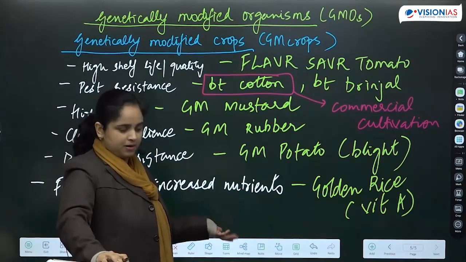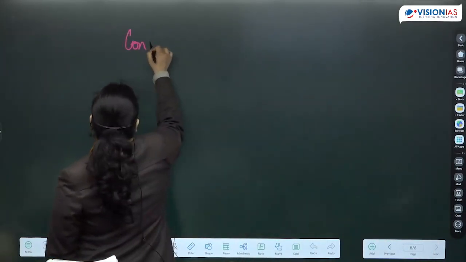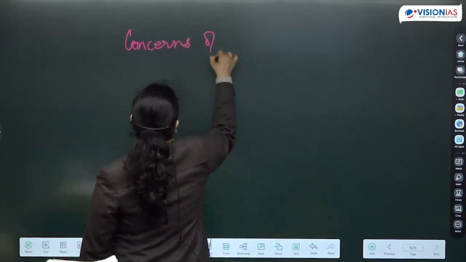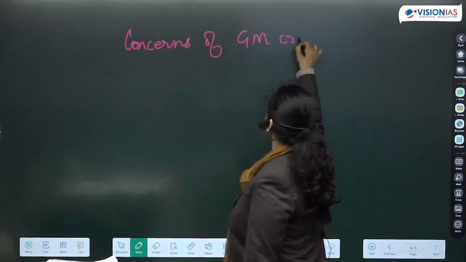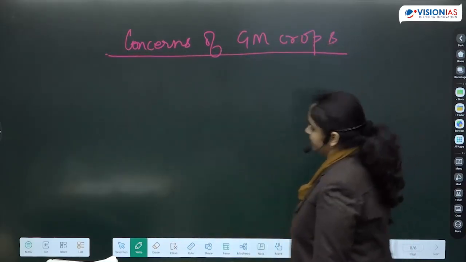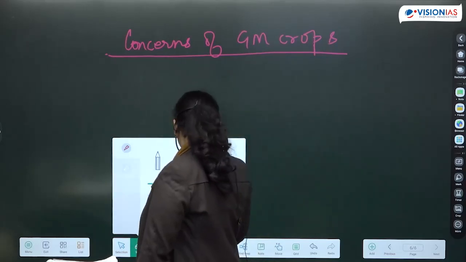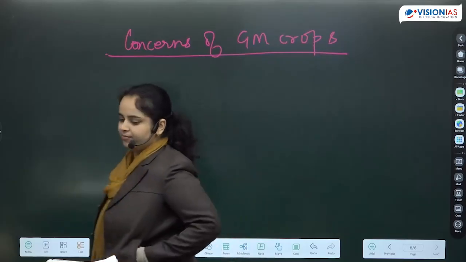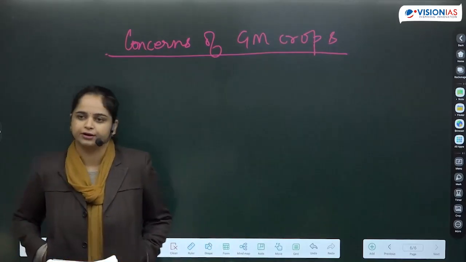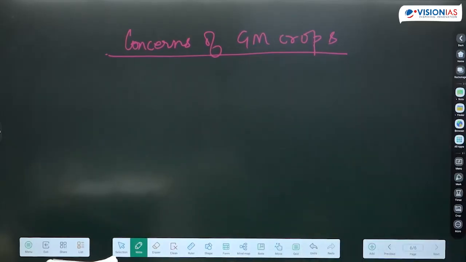Now, if we have allowed only one crop, that should tell you that we must have some concerns. There must be some areas about which we are concerned, because of which we are taking time or doing more research and not allowing a lot of these crops to grow. Can you think of what all concerns we can have?